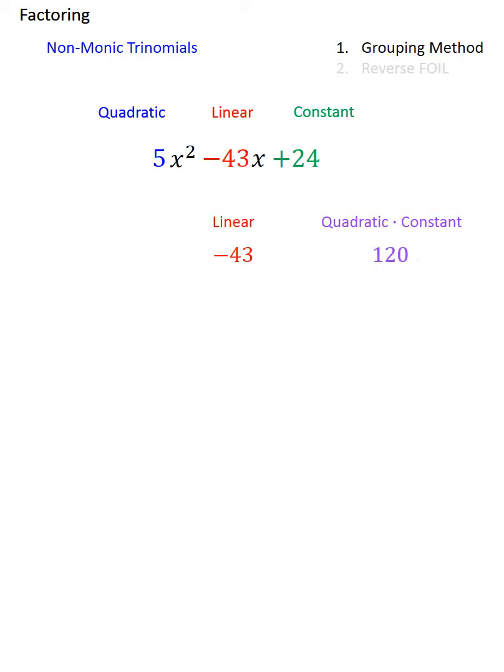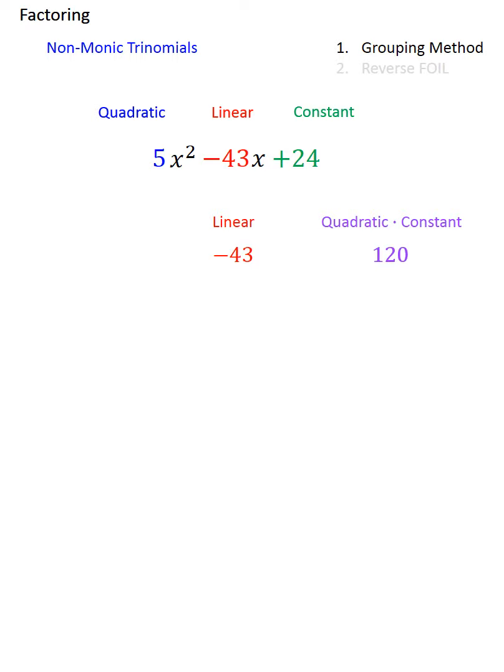Now you've already got to be thinking to yourself, none of this makes any sense. Well, it is strange. I'm showing you a process that mathematicians have developed to factor non-monic trinomials. What I'm not including in this video is why it works. That's a whole other story, and omitting that, this is one of those blind faith procedures that sometimes we just have to follow in math to get a correct answer. Okay.